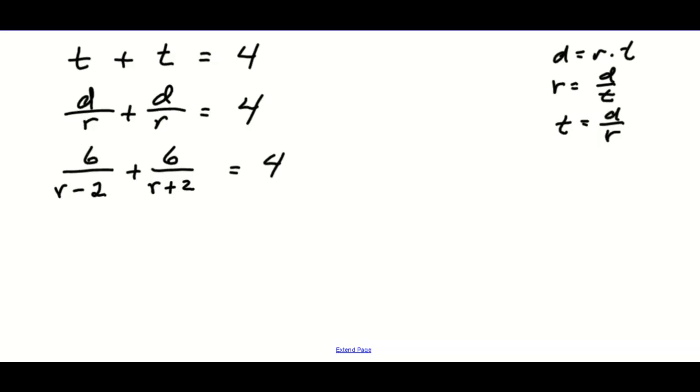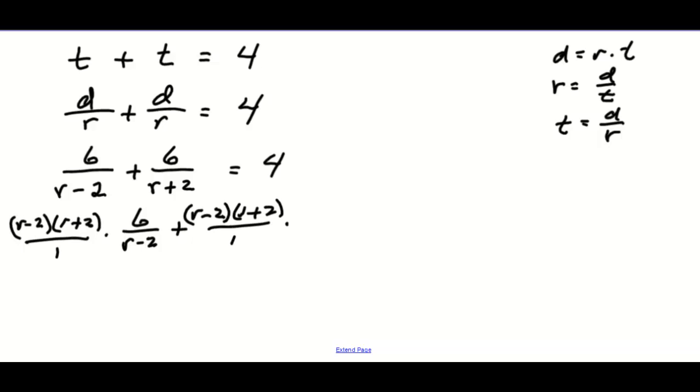Now my common denominator in this particular case has to be r minus 2 times r plus 2 over 1. So I multiply that by each factor: 6 over r minus 2 plus r minus 2 times r plus 2 over 1 times 6 over r plus 2.